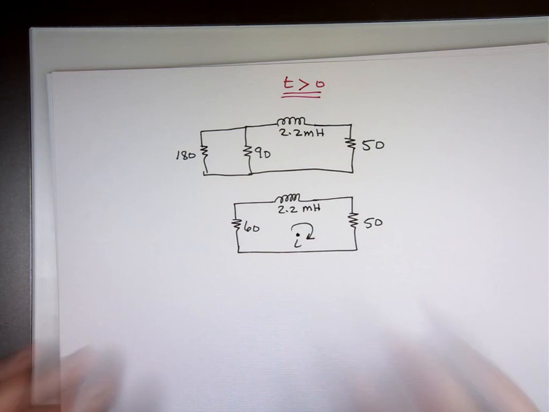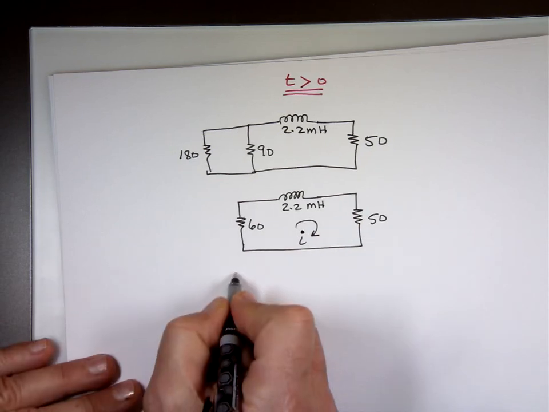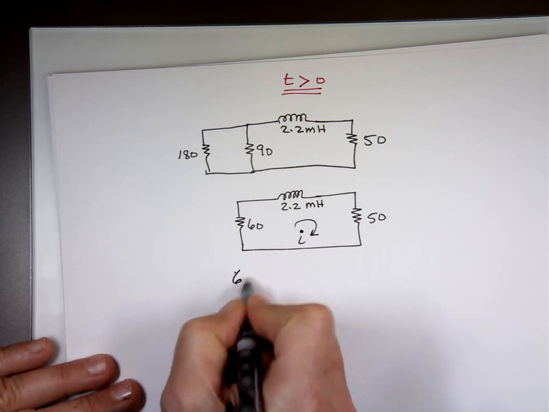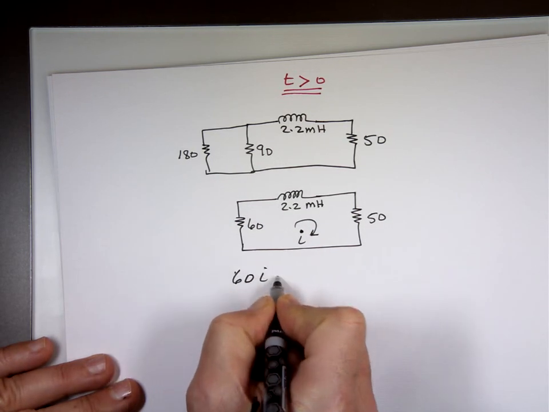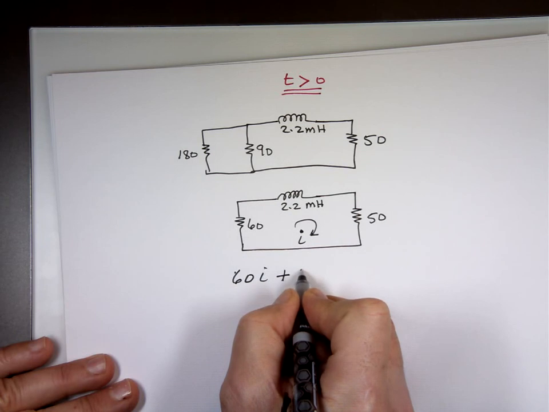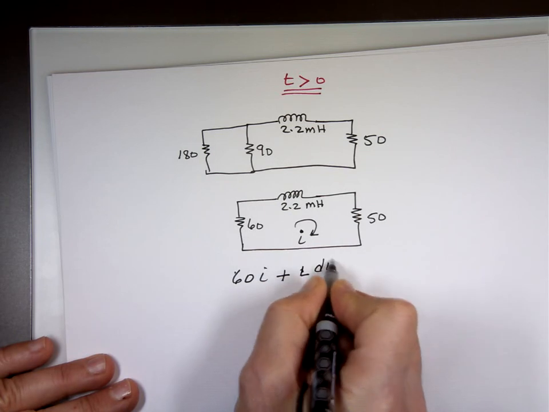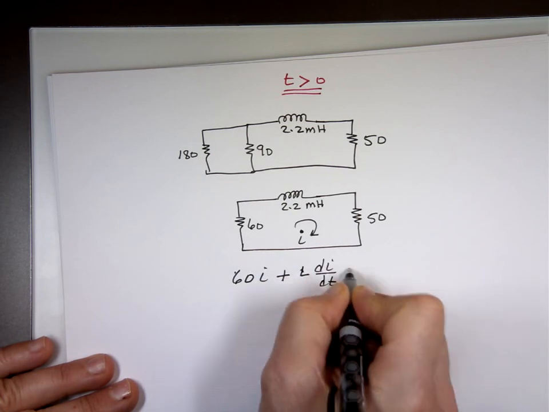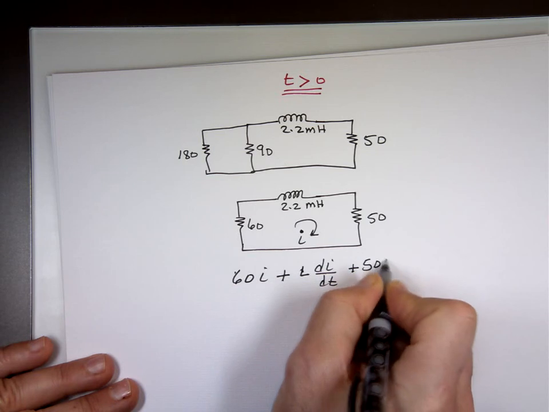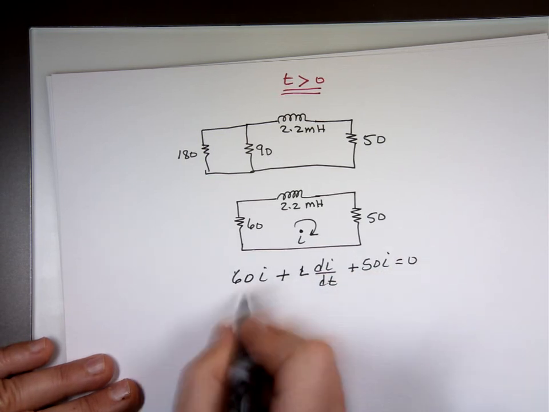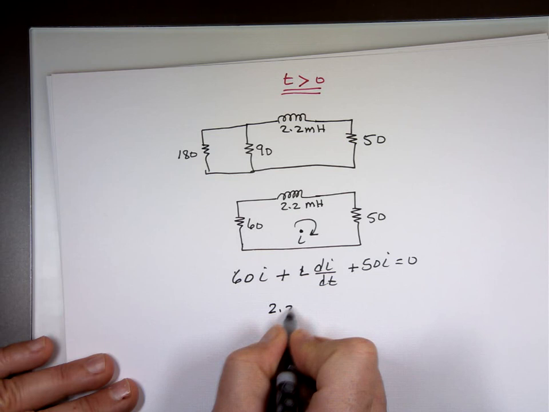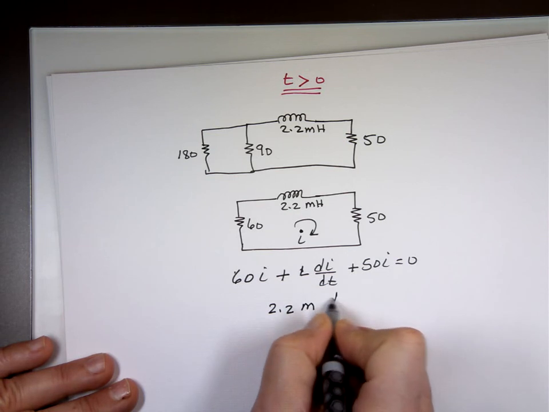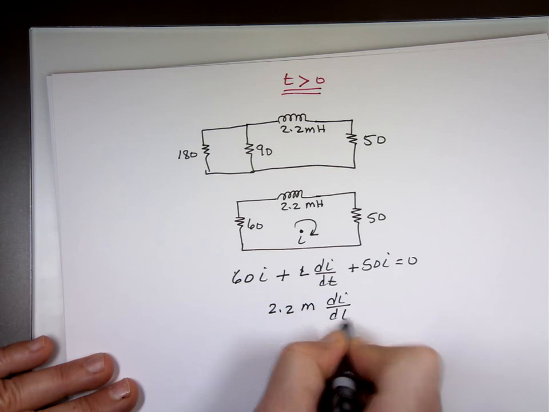Ohm's law, KVL: 60I plus V, which is what? L di/dt, plus 50I equals 0. 2.2 milli di/dt plus 110, I think, I equals 0.